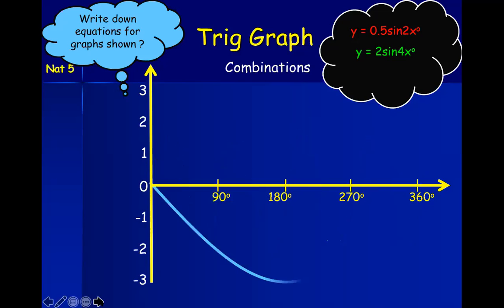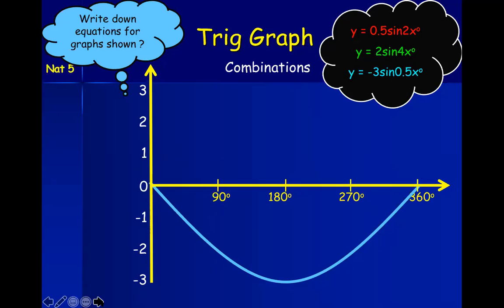So the next one. So this time, remember, I don't have 1 period, but I've got half a period. So if I was to draw this, this would be something like a sine upside down, but sine half of x, but minus 3 sine half of x.